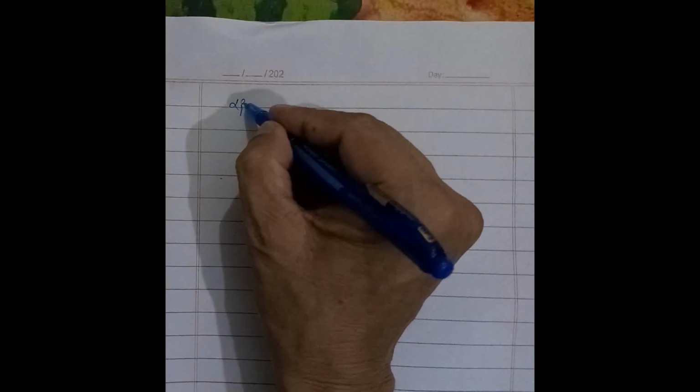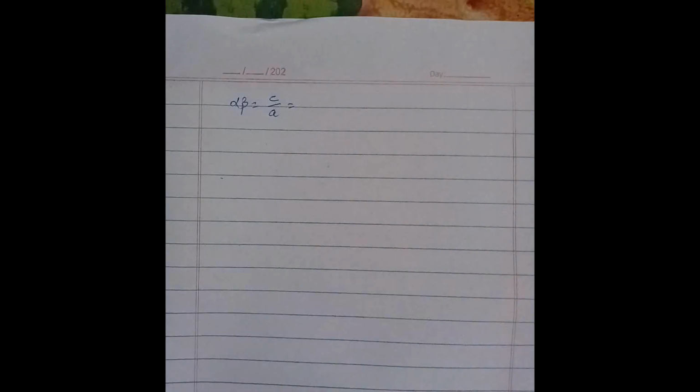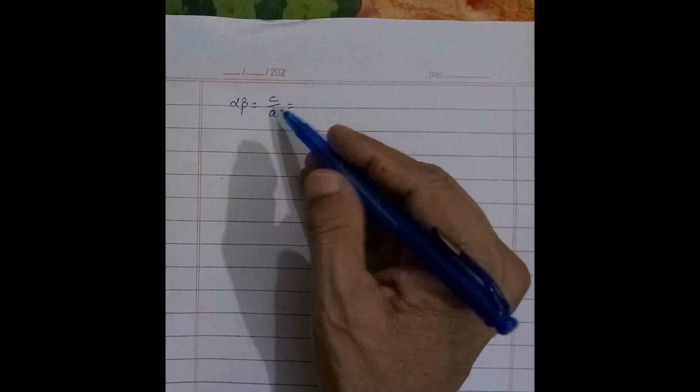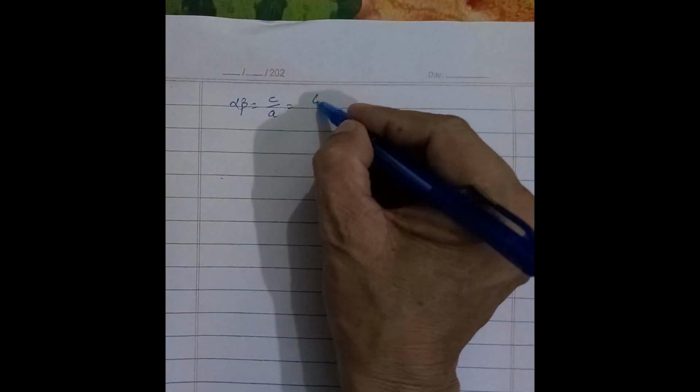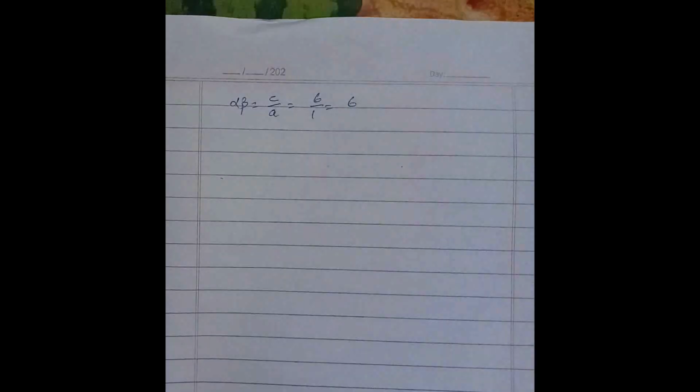Product is equal to c over a. So we put the values of a and c in the equation. c is equal to 6 and a is equal to 1. When simplified, 6 over 1 means 6. These are the sum and product of the equation whose roots are alpha, beta: x square minus 3x plus 6.